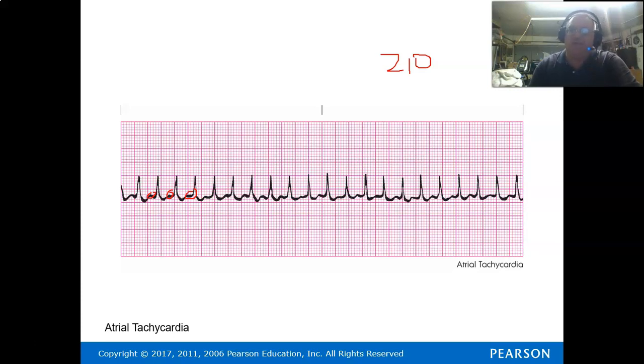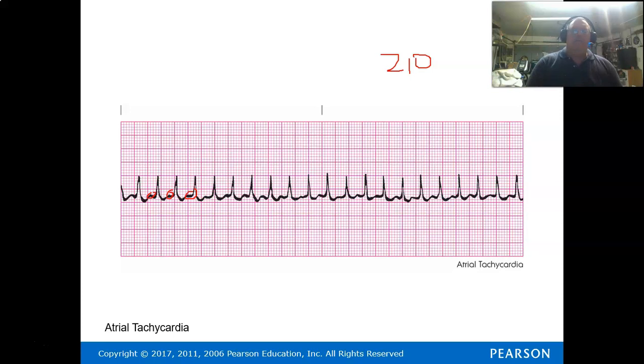If they're stable, we can use a drug, adenosine. Adenosine works really good. If adenosine doesn't work, your Cardizem actually is the second line drug for this. It will slow the conduction through the AV node, and it actually has some properties that are going to slow it down. Most of the time, guys, adenosine works really, really good on atrial tach.